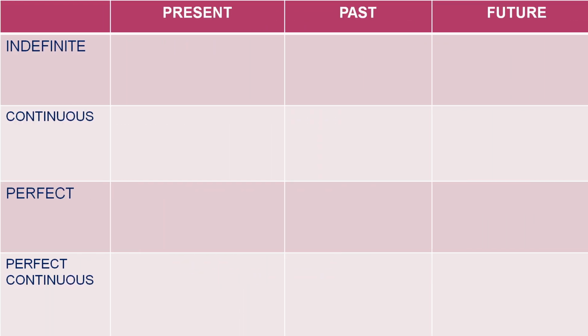You can note down all these things. At first, we have to prepare a chart like this. Now you can see here, it is written present, past and future. And on this side, you have to write indefinite, continuous, perfect and perfect continuous.